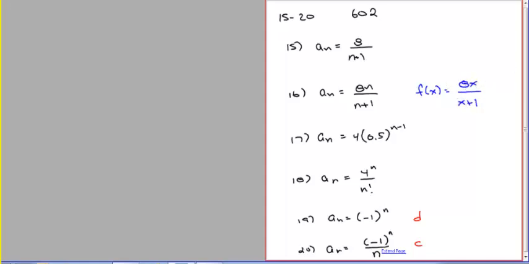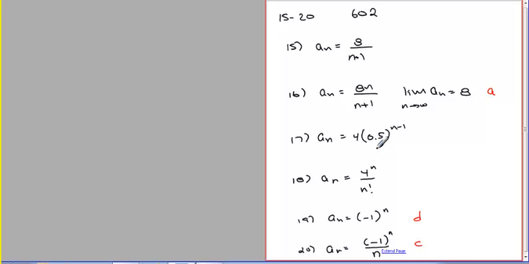So we know that the limit of a sub n as n goes to infinity is going to be the number 8. So we would look on the graph and see if any have a limit of 8, and the only one that has a limit of 8 is a. So this is going to be a.